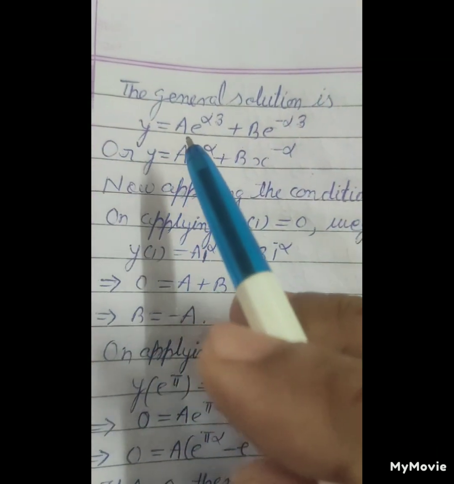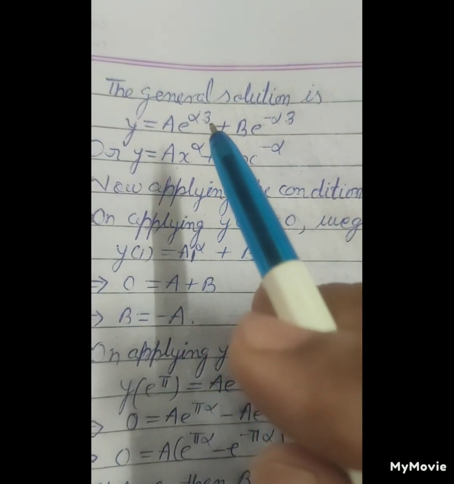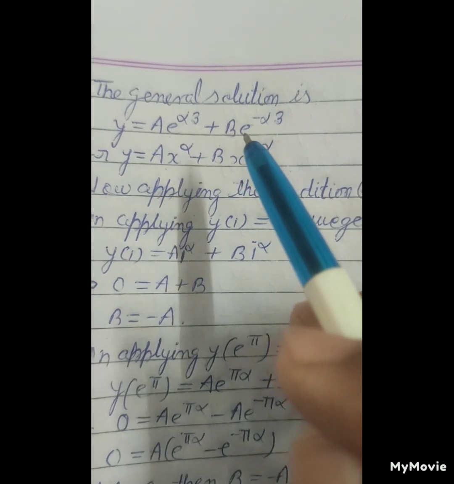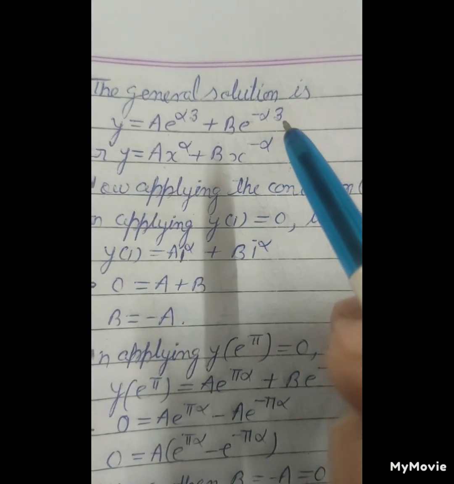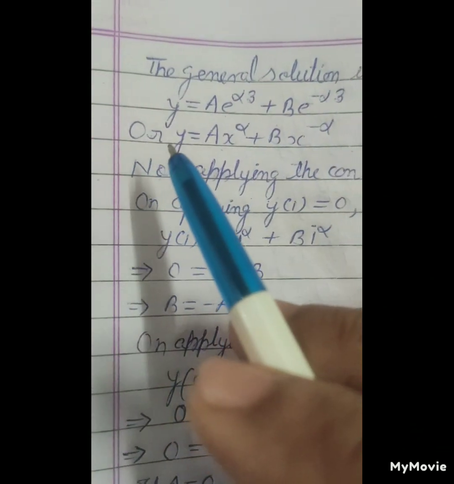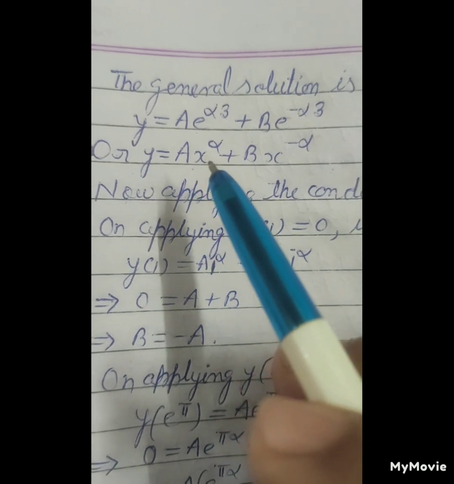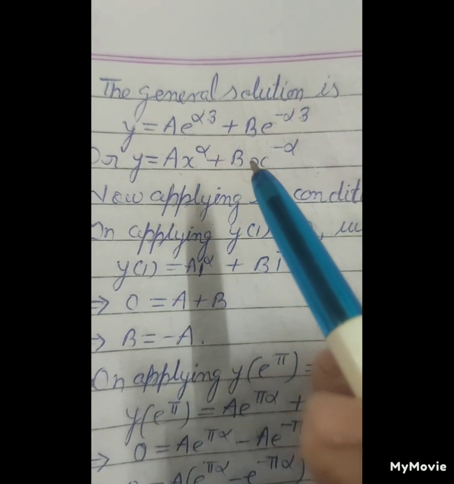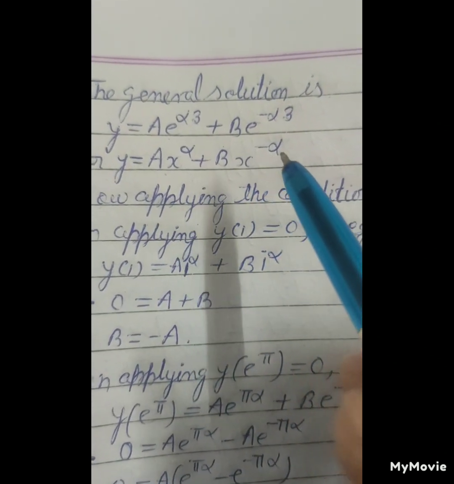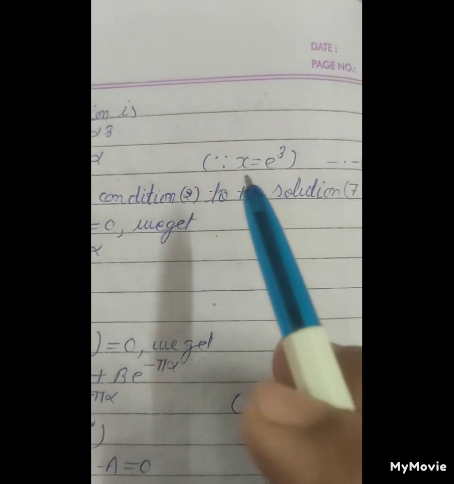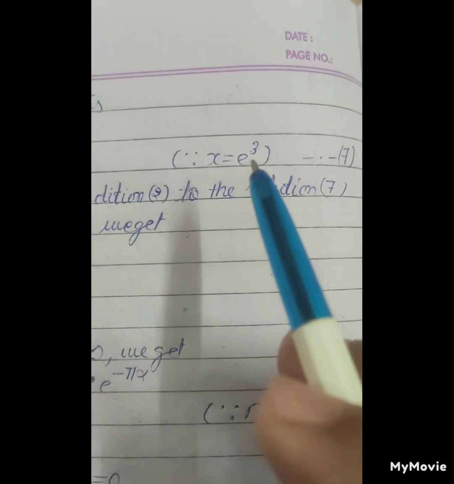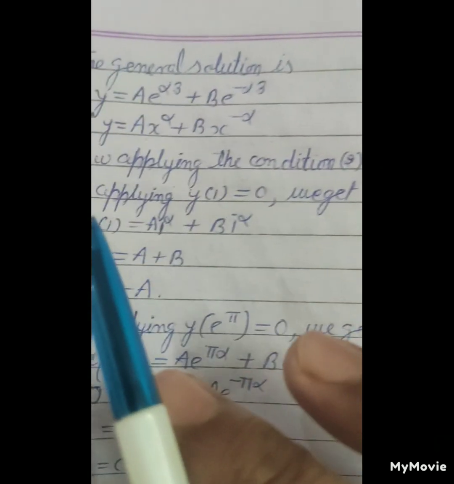The general solution is y equals A into e raised to power alpha z plus B into e raised to power minus alpha z, or y equals A into x raised to power alpha plus B into x raised to power minus alpha, because x equals e raised to power z.